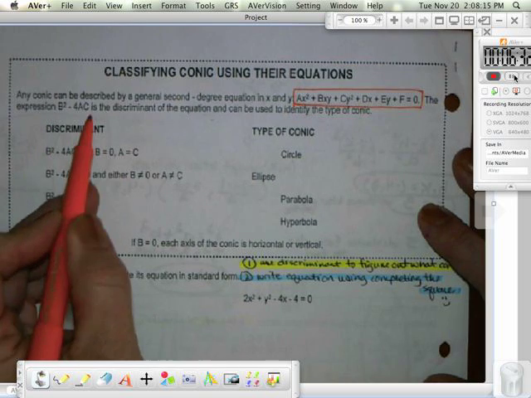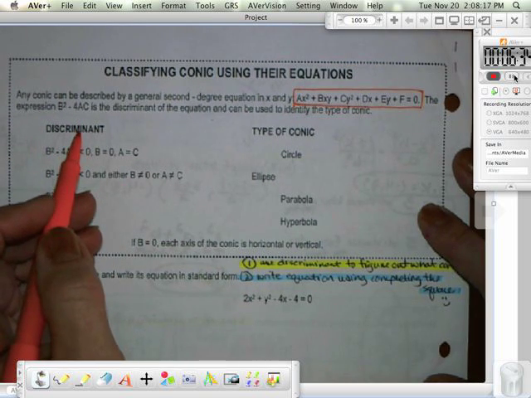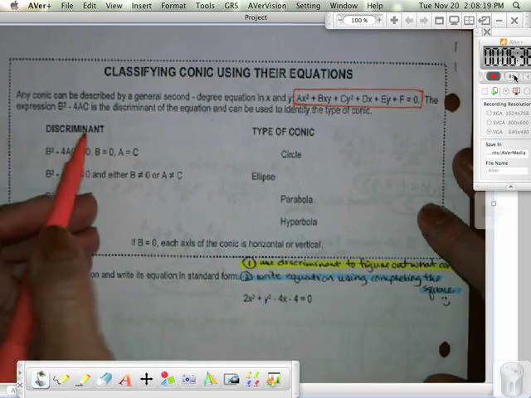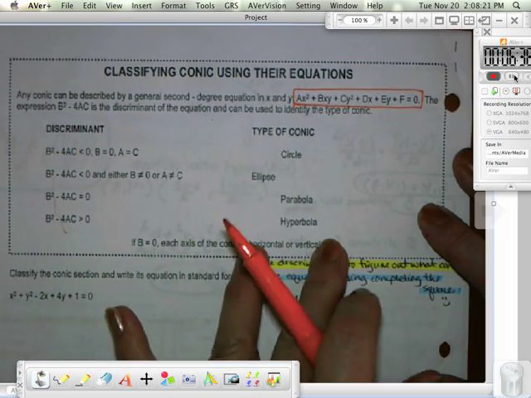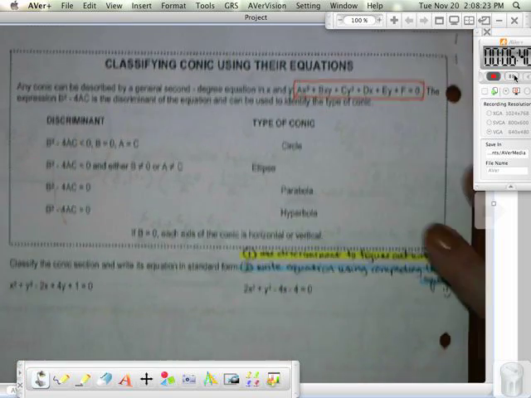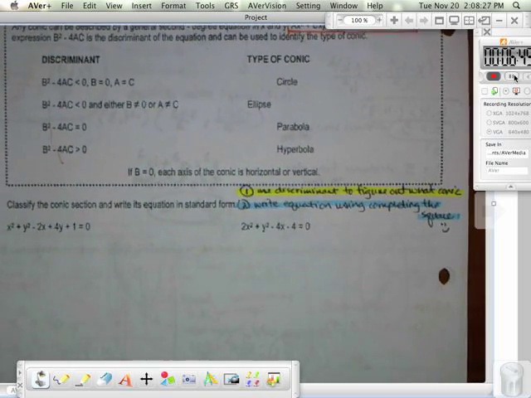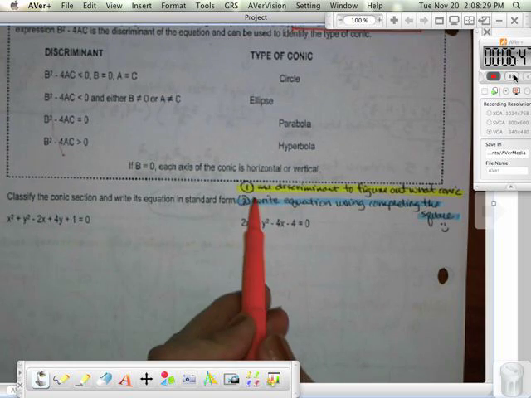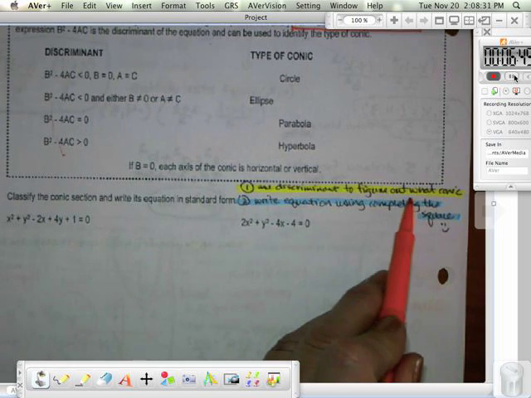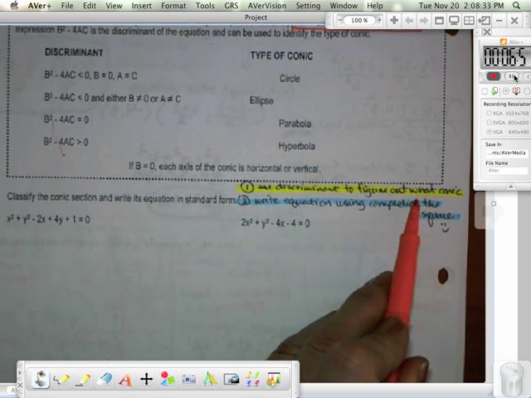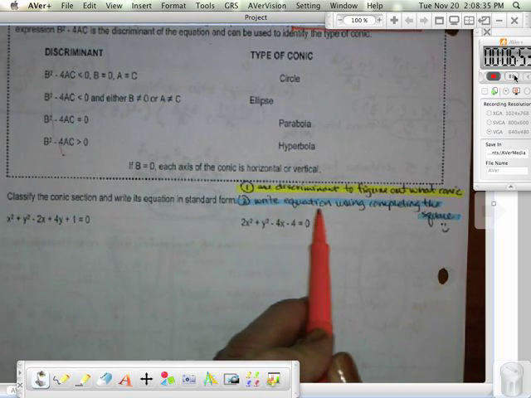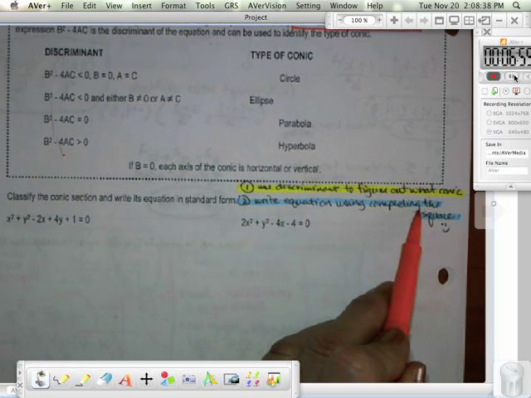And in quadratic equations, it told us how many solutions and what kind of solutions we had. Here it tells you what kind of conic section it is. So here's how you go about doing this. The directions say classify the conic section and write its equation in standard form. First thing you do is use the discriminant to figure out what conic it is. Second thing you should do is write the equation using, oh, look at that, completing the square, which we practiced in class.